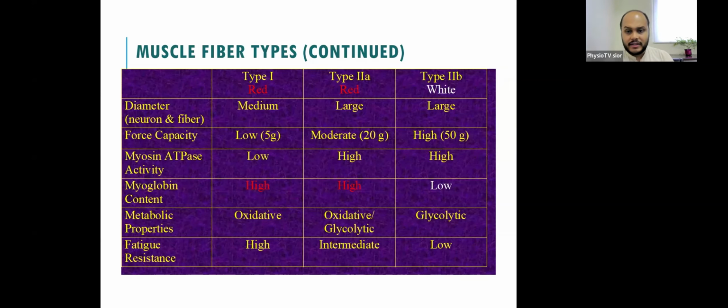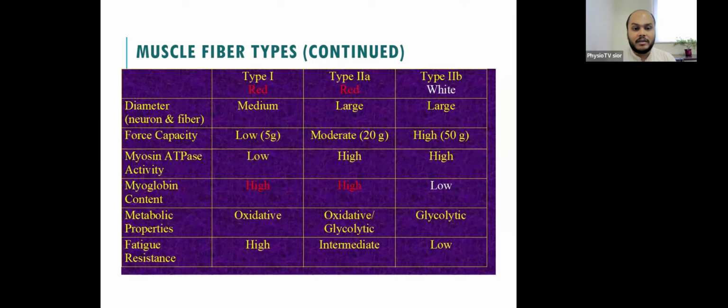If you divide it according to force capacity, the type 1 fibers have low force capacity, whereas the type 2A, the intermediate, and the type 2B, the fast, have moderate to high capacity, as you can see on the screen.